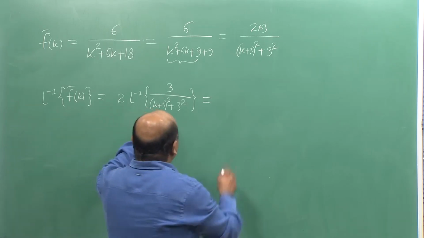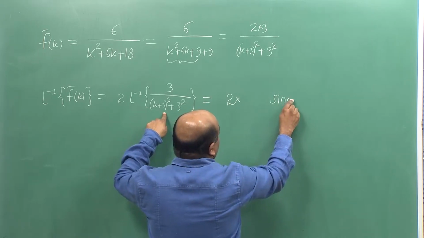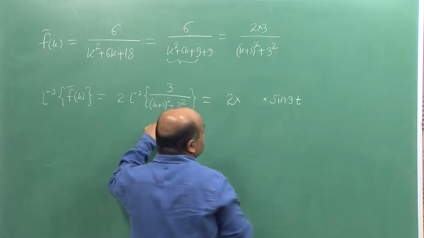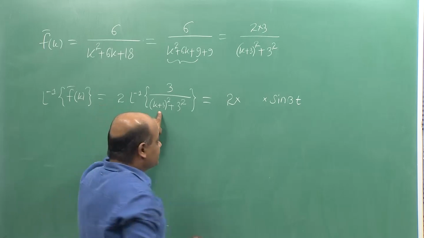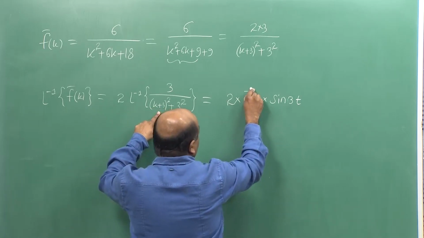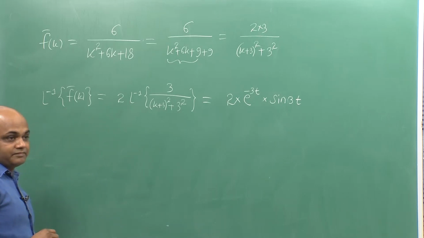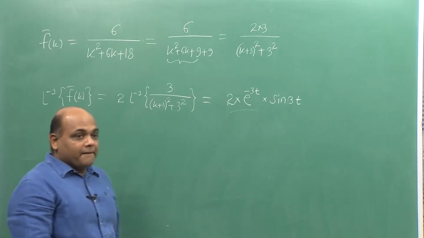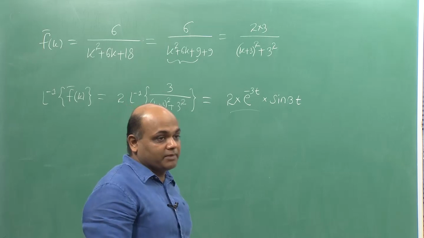So, this should be 2 times sin 3t times e to power p t, and p in this case is minus 3, e to power minus 3t. Clear? So, this is how we can get the inverse Laplace transforms too.